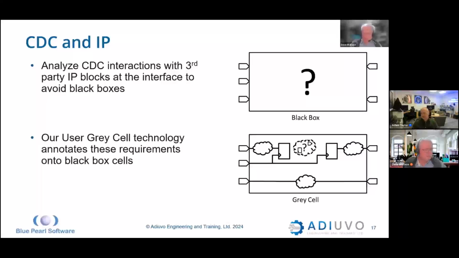If you do have all the detail of your IP, okay, fine, you can analyze it with the rest of your circuit. But often the vendor may not provide that. They may just provide a description or an outer shell of what's available. And things like the user gray cell allow you to do your CDC analysis and check your assumptions about what clocks things are originating from and being received on.